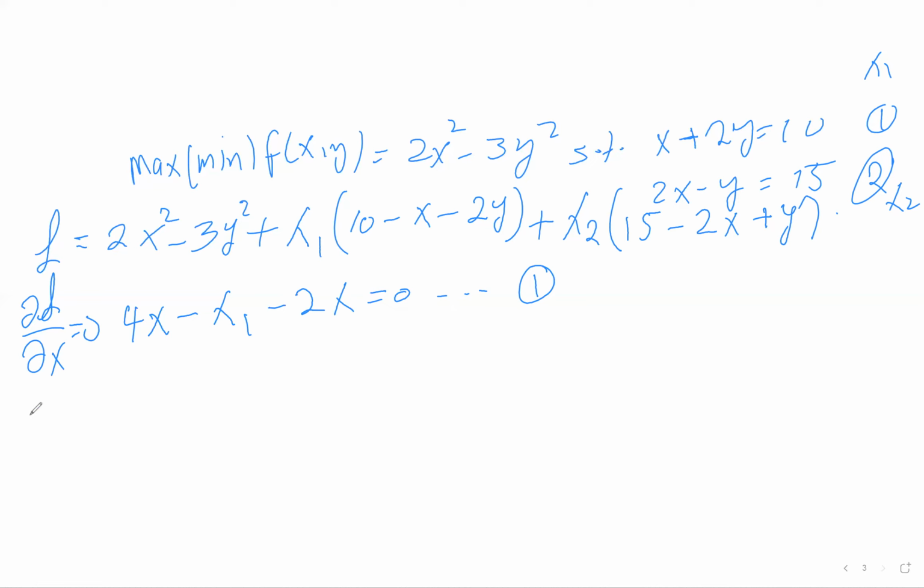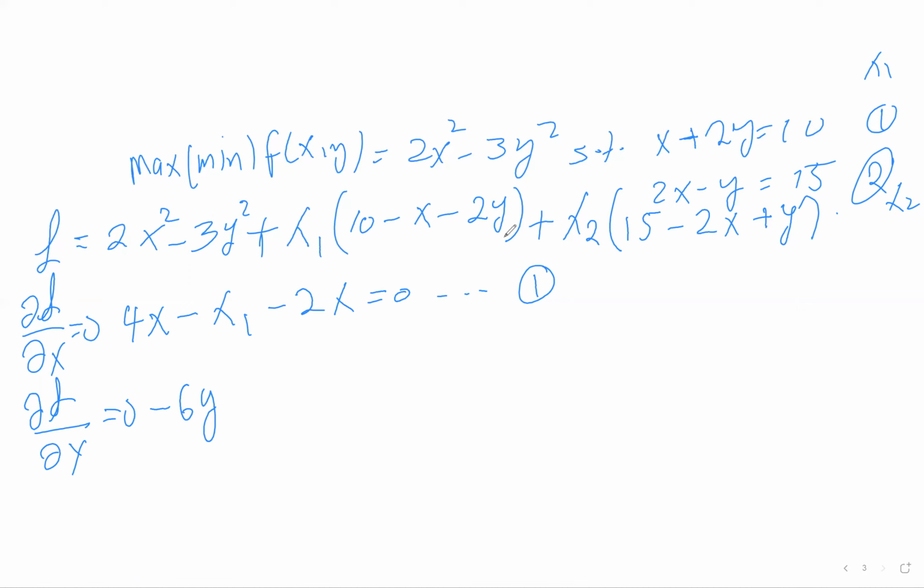Now, we take the derivative of this Lagrangian with respect to y. Again, there is no y in the first term, so its derivative with respect to y is 0. Then we take the derivative of minus 3y squared, because we can see only y here. 2 times 3 becomes minus 6y. And now we see y here.